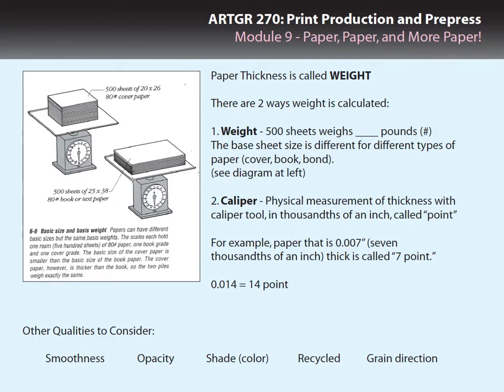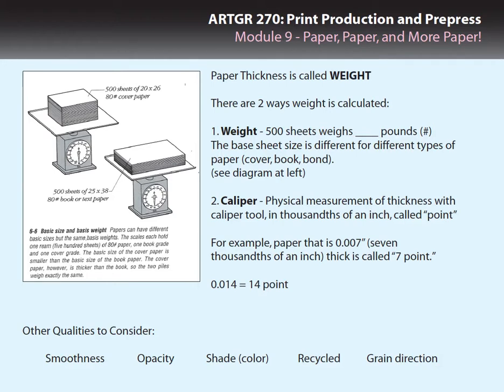But either way, they'll take 500 sheets of it and physically weigh it. So if 500 sheets of 20 by 26 cover paper weighs 80 pounds, they would call that 80-pound paper. If 500 sheets of cover paper at this size weighed 100 pounds, that means it's heavier, which would mean the sheets are thicker, and it would be called 100-pound paper. So 100-pound paper is thicker than 80-pound paper.